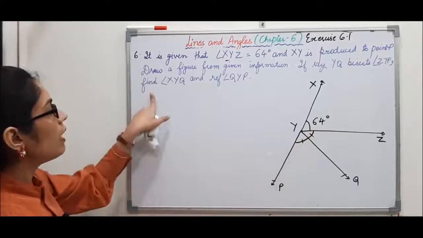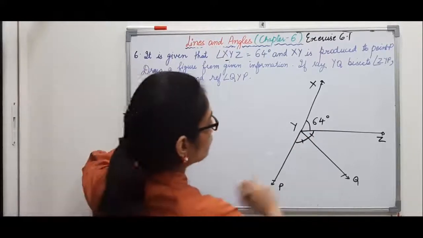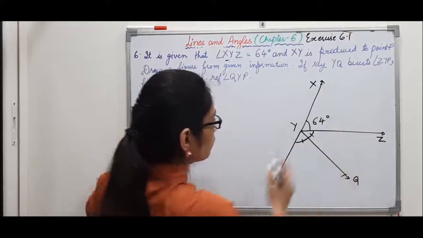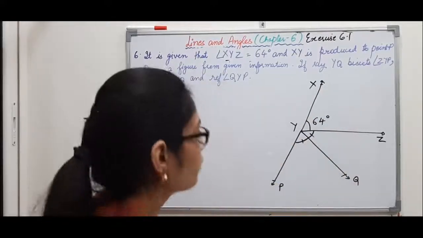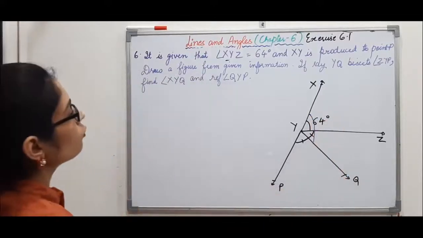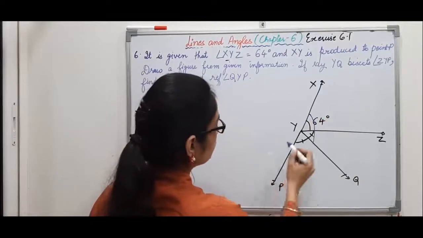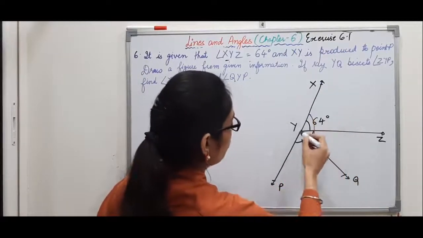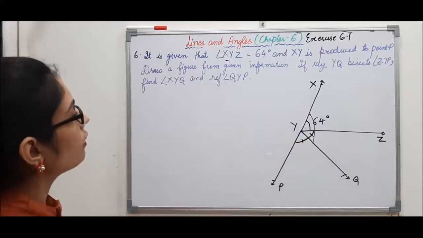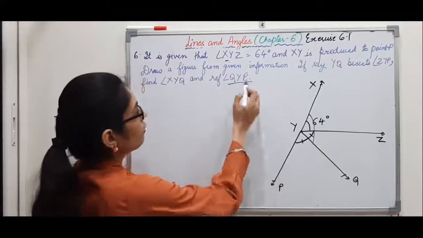So then we have to find the value of angle XYQ. So let us see what we have to find. This is X, Y, Q. So this thing we have to find, X, Y, Q, this angle. Then we have to find reflex XYP. So this is X, Y. We have to find reflex QYP.